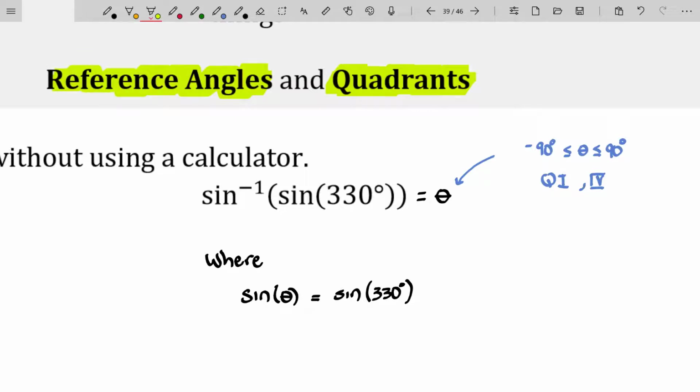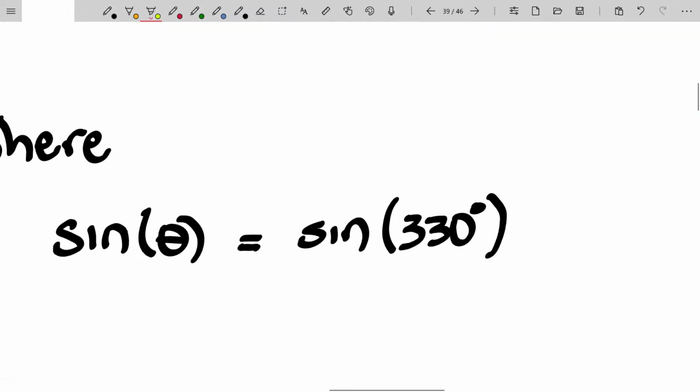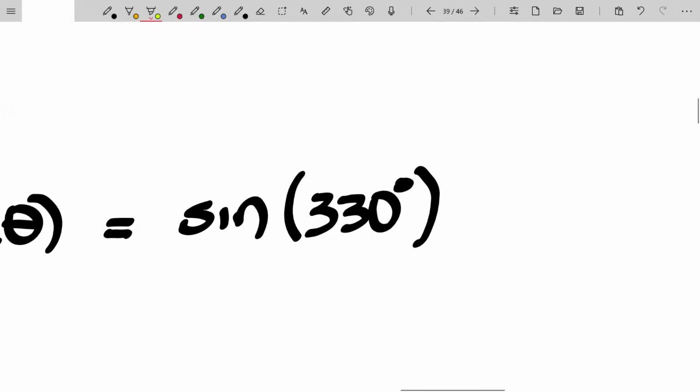Well, let's take a look at this. I know that whatever angle gets returned, the sine of that angle should equal the sine of 330 degrees. Let's start by asking what is the sign, plus or minus sign, of this angle.